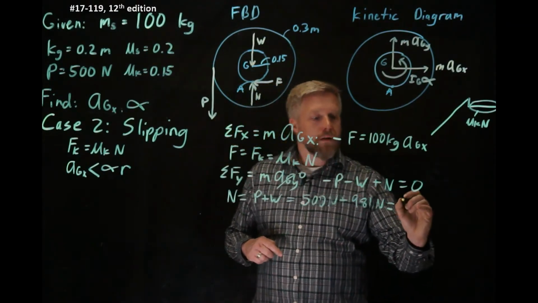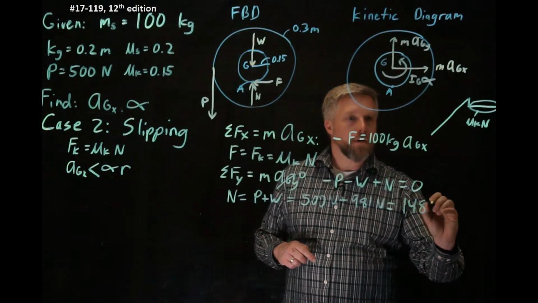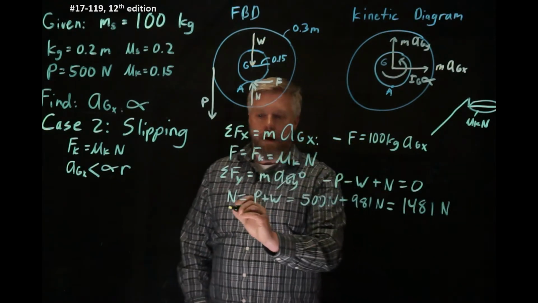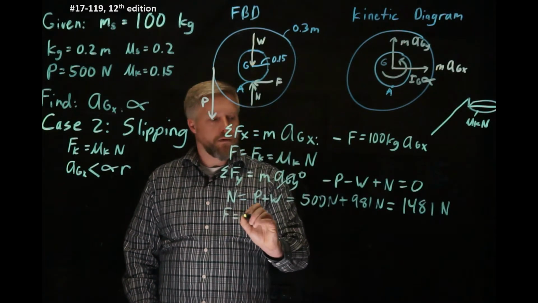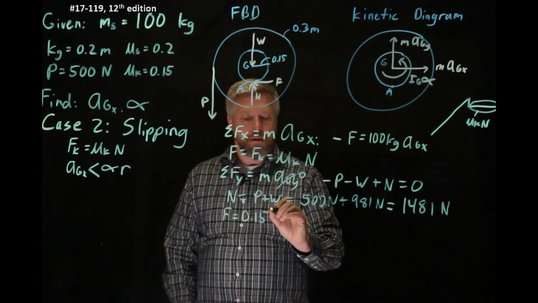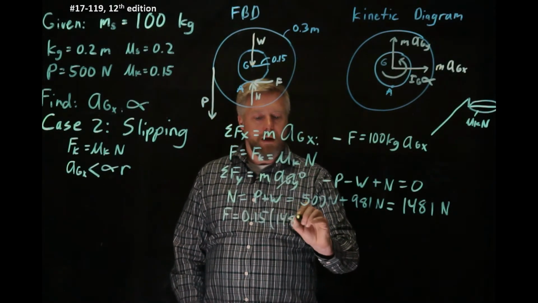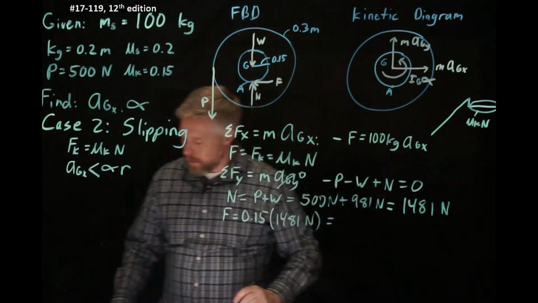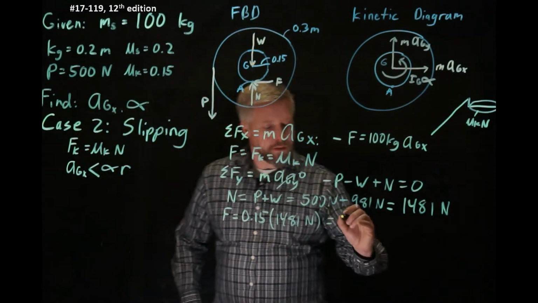So we know that N is 1481, just as it was when we were solving case 1. That means that friction is equal to 0.15, which is that mu k, times 1481 newtons, which is equal to 222 newtons.